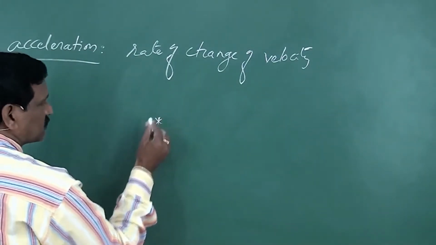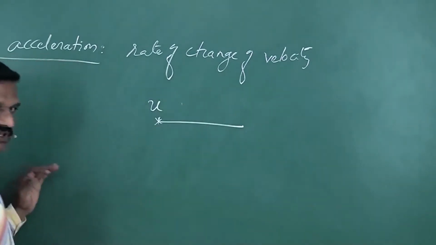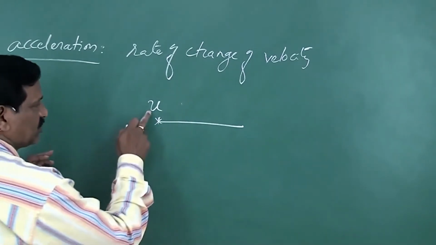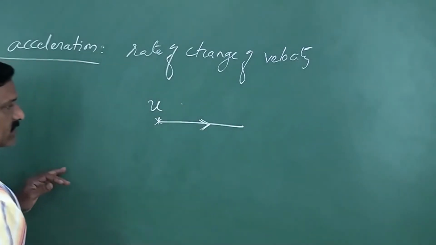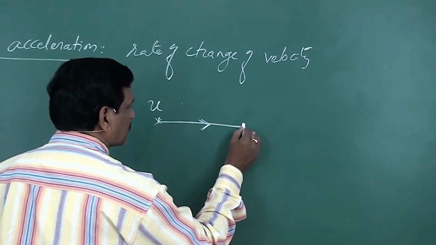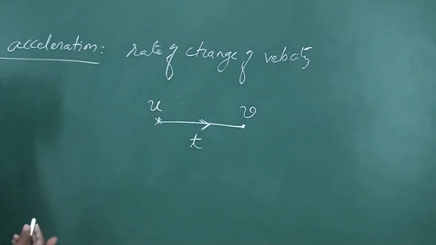Suppose the body moves like this. It starts here with an initial velocity u, moves in this straight line direction, and acquires a velocity, say v, in a time of t, for example.